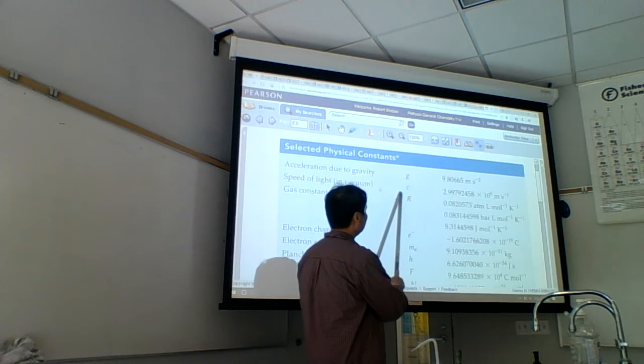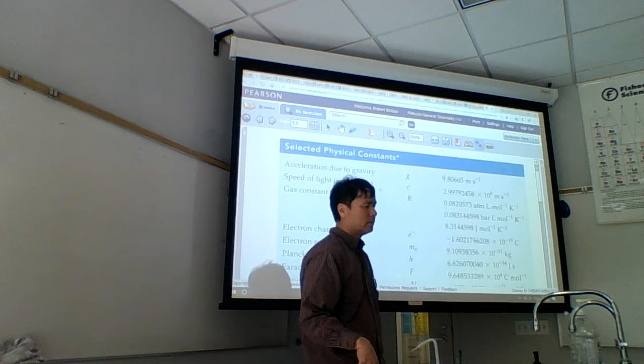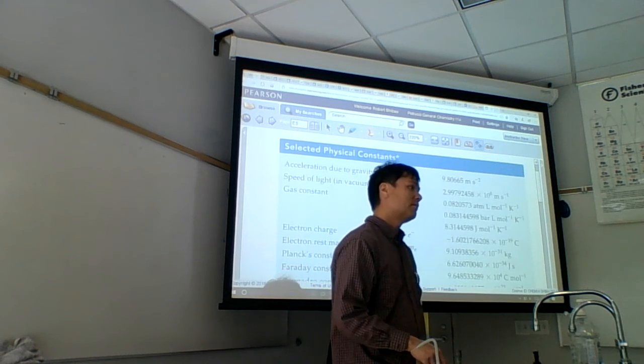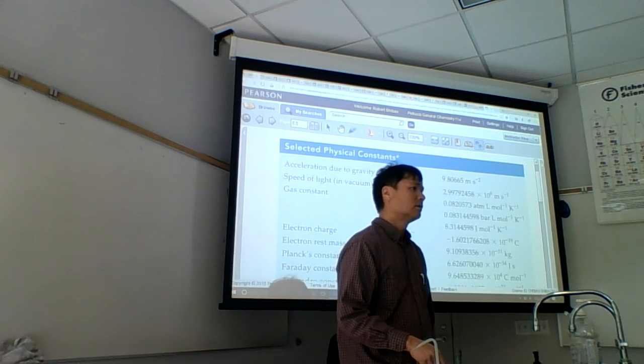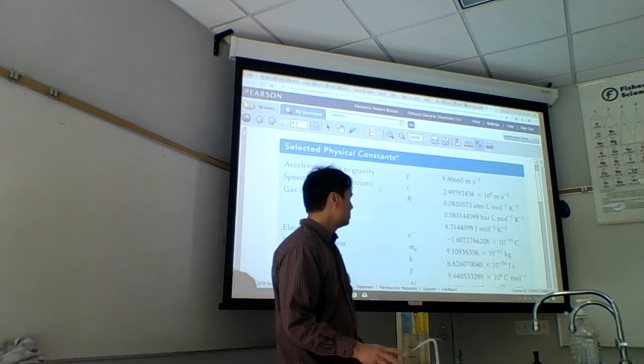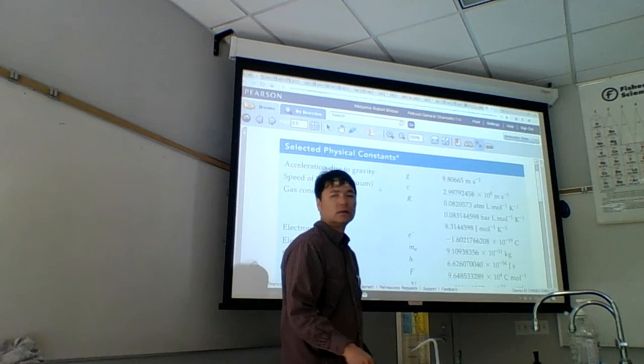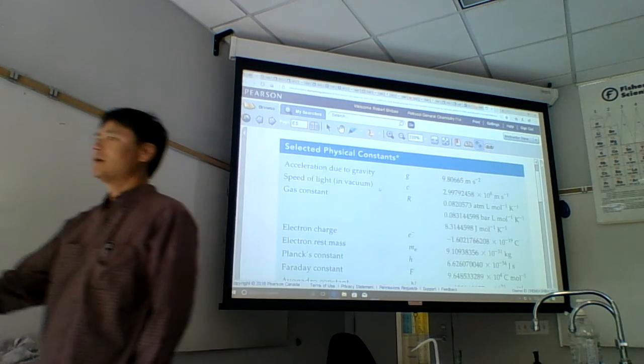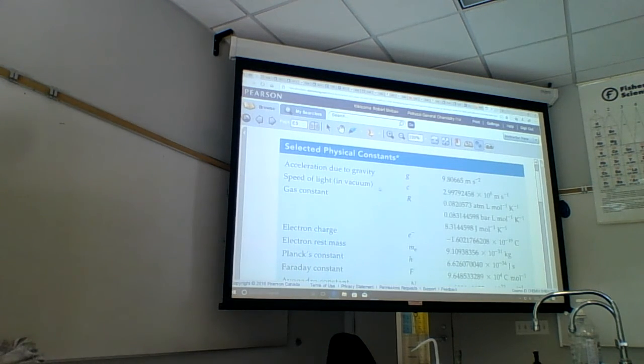The speed of light. You know how many sig figs, when I was a student taking physics, that I memorized it to? I memorized it to 1. 3 times 10 to the 8 meters per second. That's not good enough. 1 sig fig is bad because it's usually a lot of round-off error. We don't like 1 sig fig because it could really hurt you or benefit you, but either way it's not good because it introduces a lot of uncertainty.